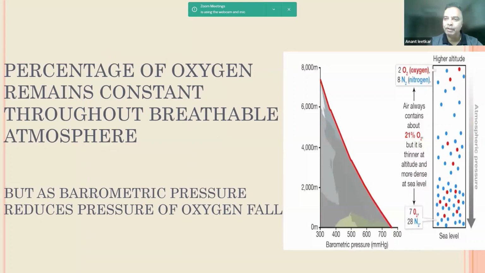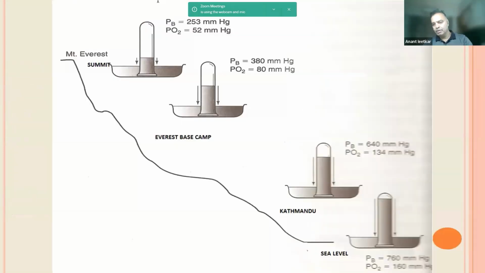And even as we go higher and higher up, the barometric pressure will reduce, but FiO2 remains the same. The density of air goes on reducing, but the percentage remains the same. So at 760 mmHg, that is sea level, the barometric pressure, the PO2 at that level is 160 mmHg.